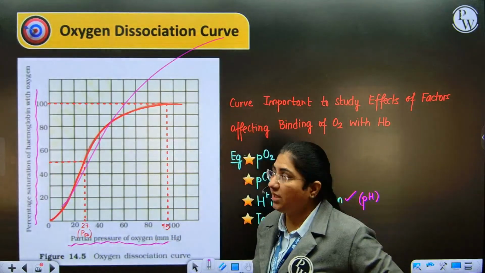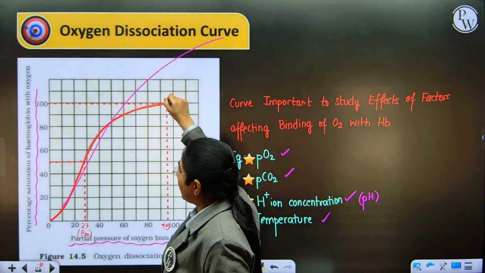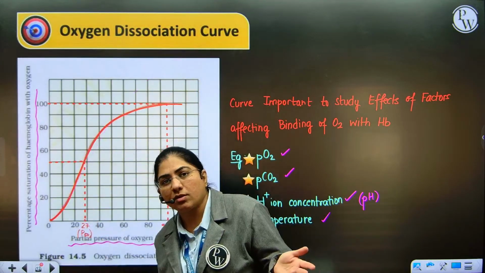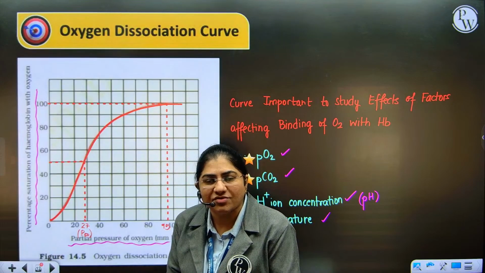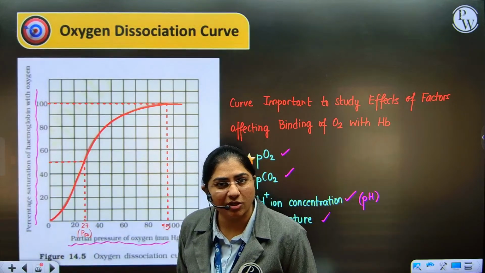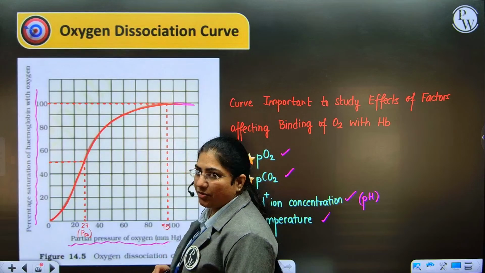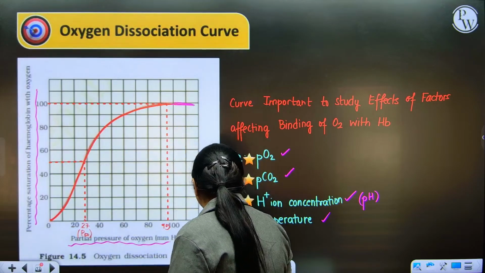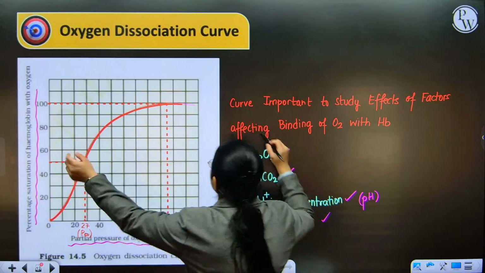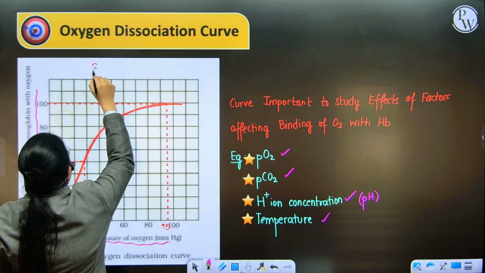The reason being that after a particular point, all the hemoglobin molecules are saturated with oxygen. We don't have other free hemoglobin molecules. So it remains as a plateau, giving us an S-shaped graph, and this graph is called a sigmoid curve.